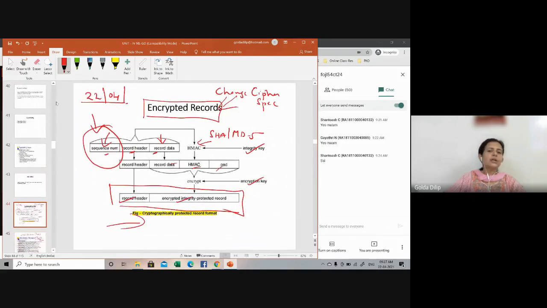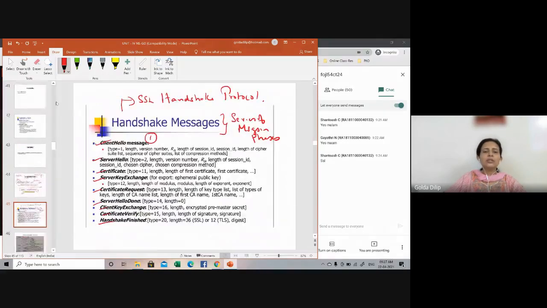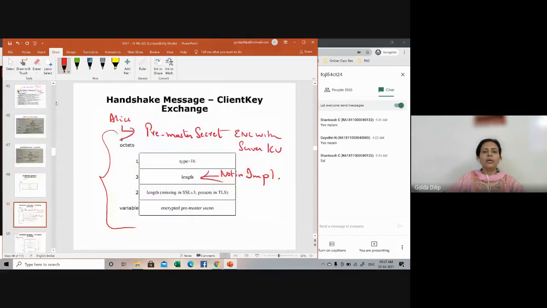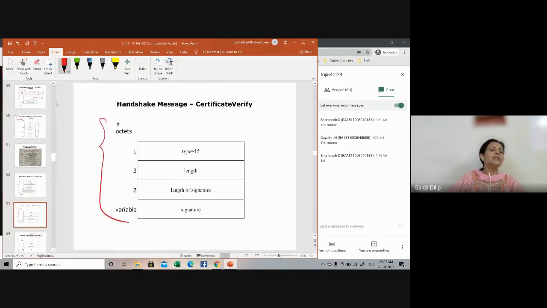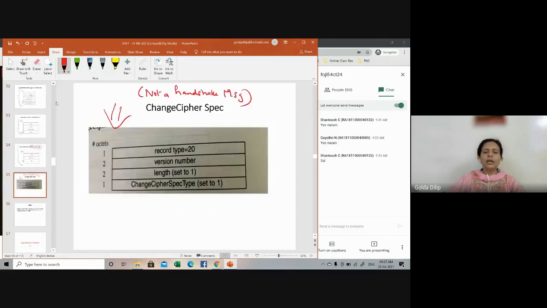So this is where we started today. And we discussed about the formats for the various handshaking messages. Okay, all these 4 phases, what are all the messages involved, the format for that, and what are the parameters involved. Okay, right. And this is what I was asking. I just told it's not a part of a handshaking message.